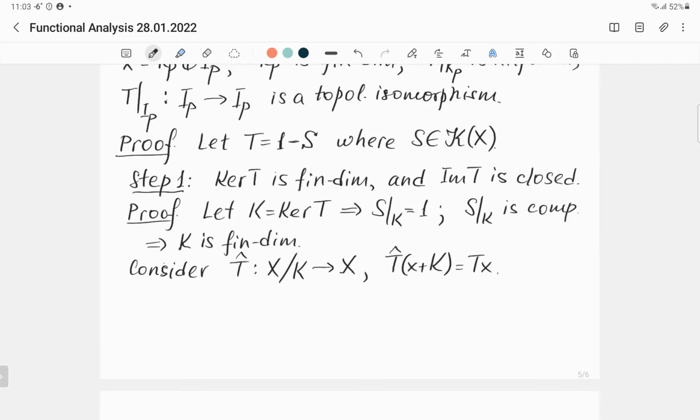And so to show that the image of T is closed, it suffices to show that T hat is topologically injective.